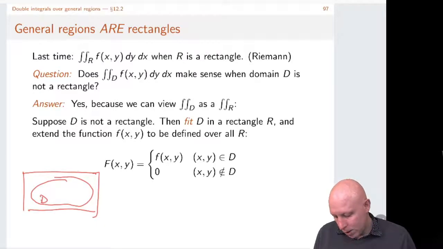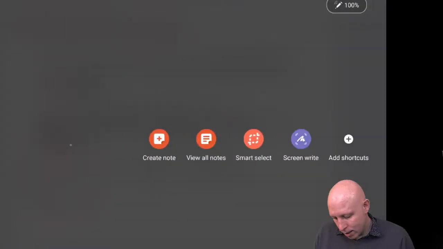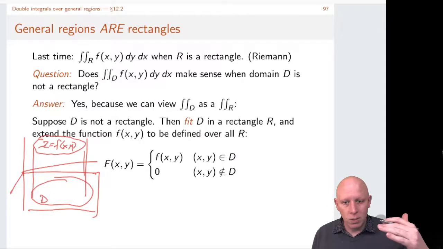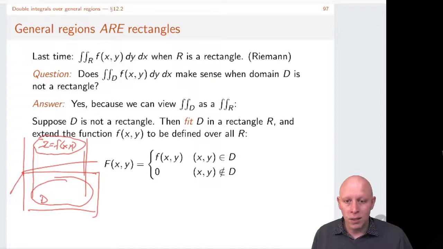Okay, so what we've been talking about is having a surface over this region that's defined by z equals f of x, y. And we're trying to find this volume under the surface but above our region.